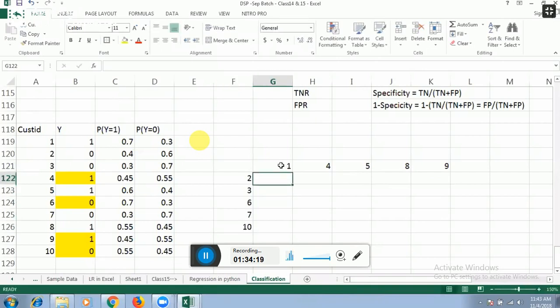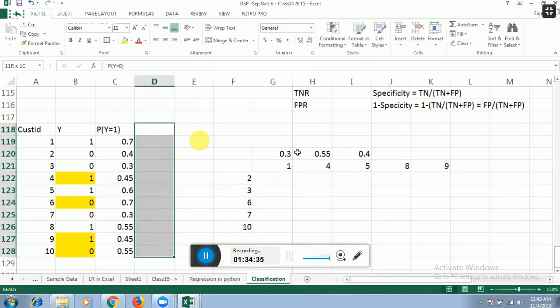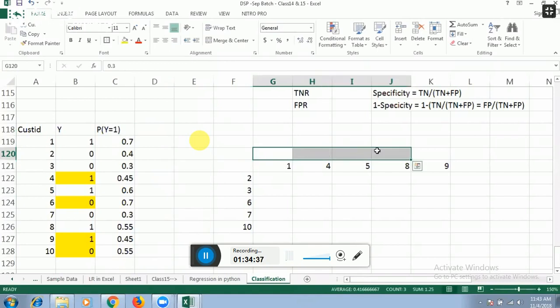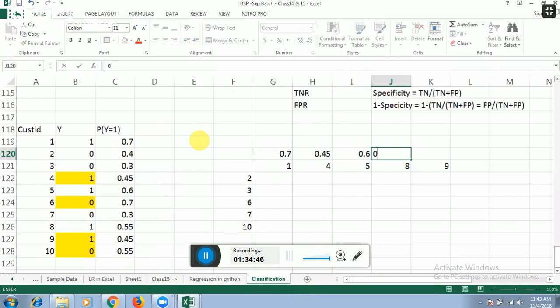And what are the probabilities for the ones? Sorry, I got confused with this. It's 0.7 and 0.45 and 0.6, 0.55, 0.45, right? These are my ones.